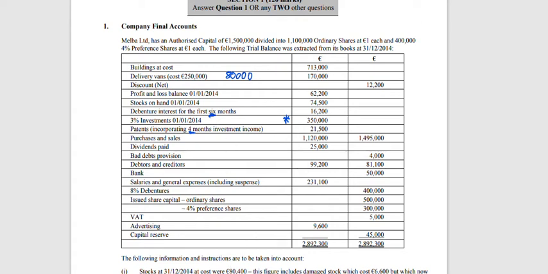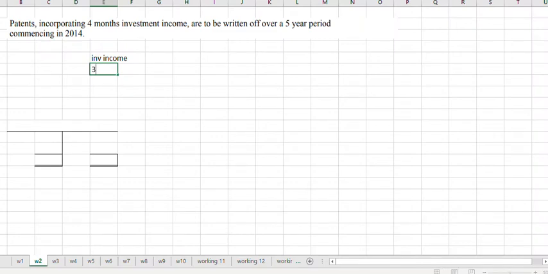So first of all, 3% of 350,000 gives you 10,500. That's your P&L figure for investment income for the year.